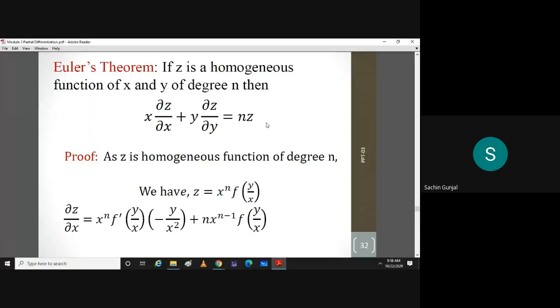Okay. So just understand that we are not going to mention or specify to use Euler's theorem to find this. You should understand that you will have to use Euler's theorem there.